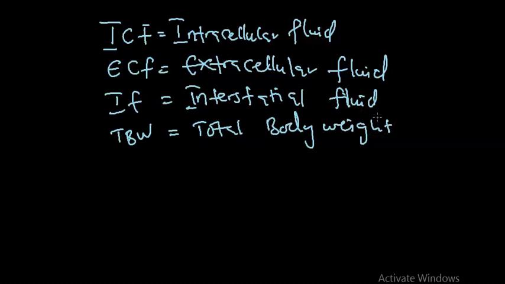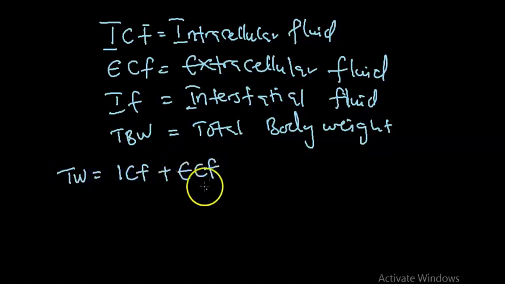And also we have some mathematical operations that involve just addition and subtraction, which can help us to understand. Because you can be asked to find the total weight. If you are asked to find the total weight, we're simply going to add the ICF, which is the intracellular fluid, with the ECF, which is the extracellular fluid. If you add these two, they're going to result in our total body weight.